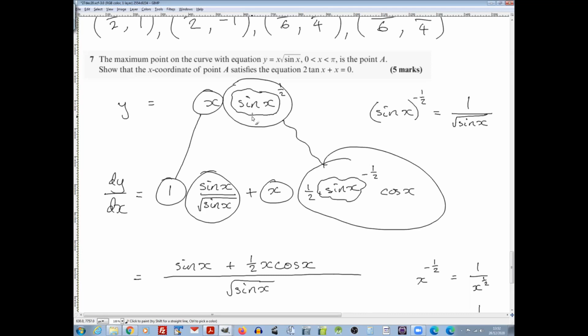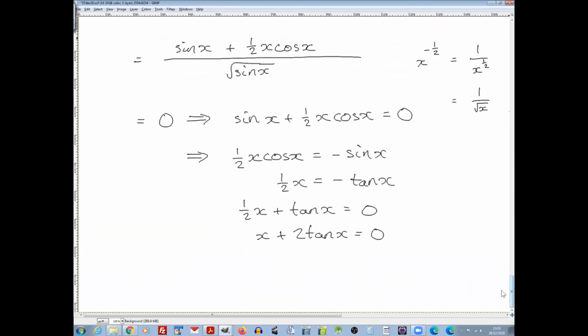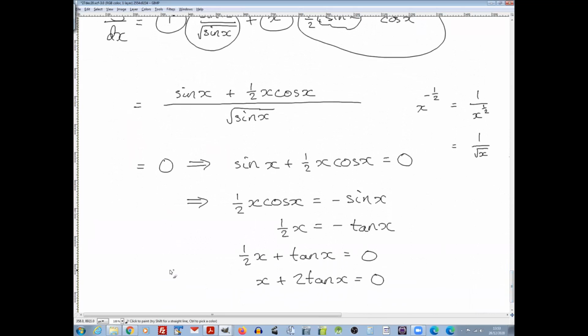Because quotient just means fraction. It does, yeah. Just an old-fashioned word for fraction. Sometimes the old-fashioned ones keep going, don't they?